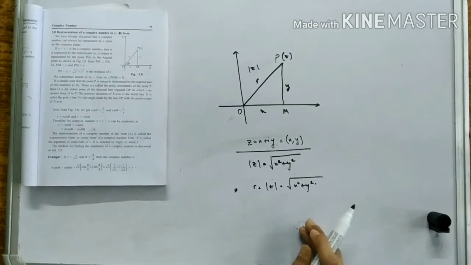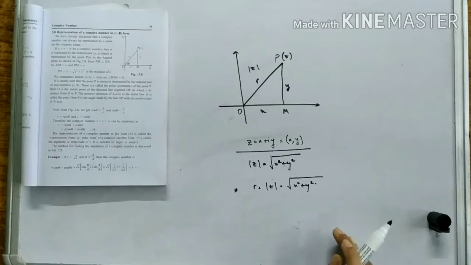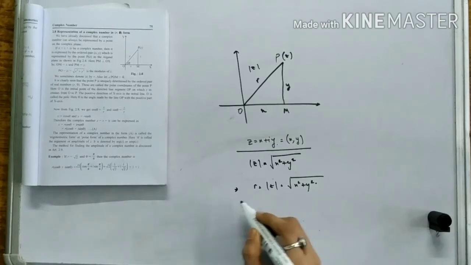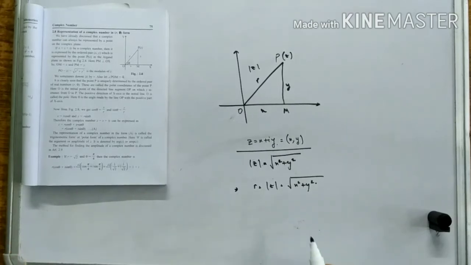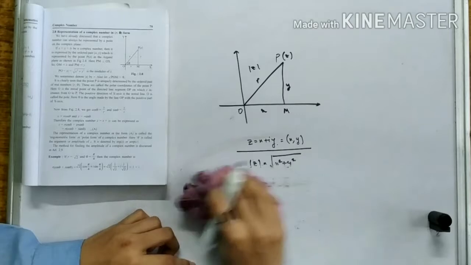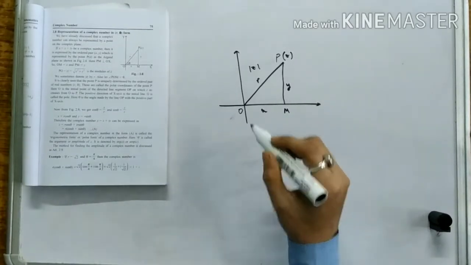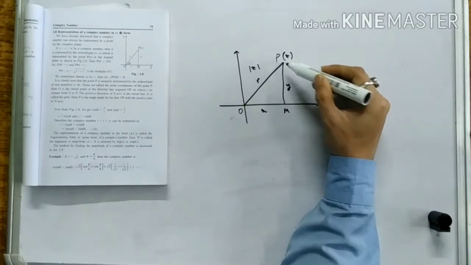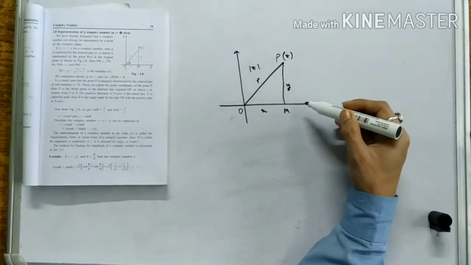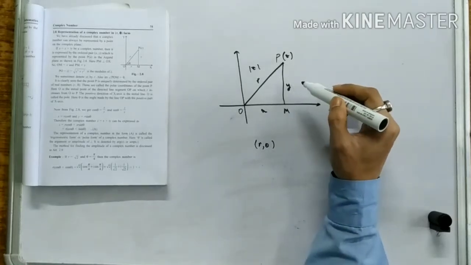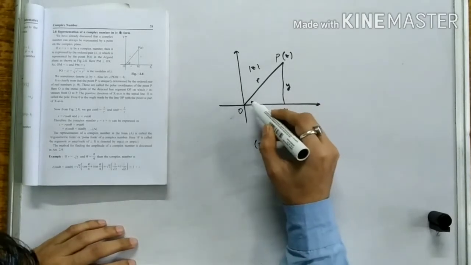Now to represent a complex number in r theta form, that means in polar form, you see this point is uniquely determined by the ordered pair (r, theta).